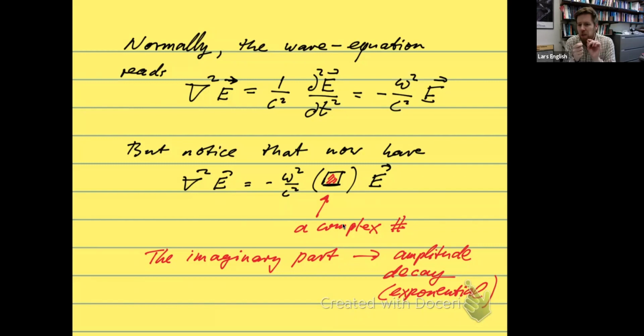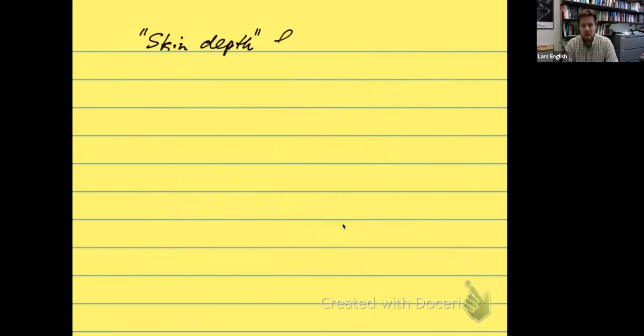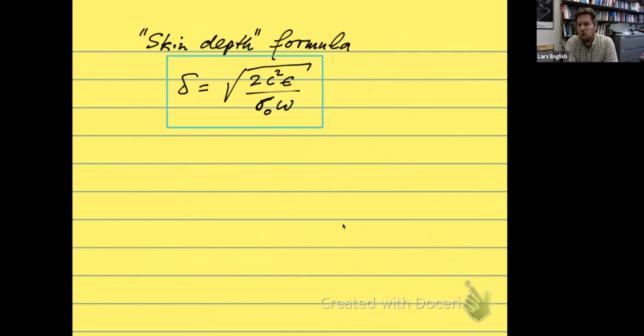The imaginary part of that little piece in there will lead to the attenuation of the electromagnetic wave inside of a metal, so the exponential attenuation. Okay, so then we can talk a little bit about the skin depth formula.